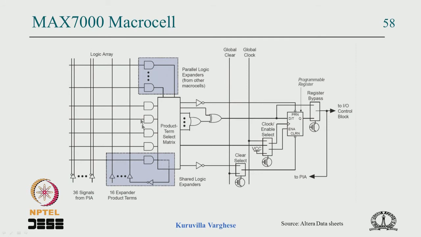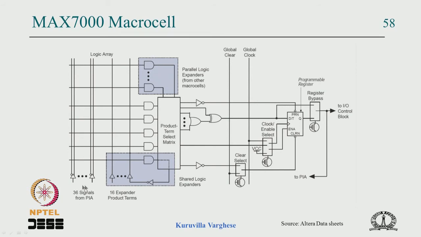So this AND gate can be cascaded to other AND gates, and there are 16 sections like that. So the 16 AND gates from each section can be used by any of the sections. It is not that an AND gate from this section can be used only by this particular section, it can be used by other sections also, other macro cells also.